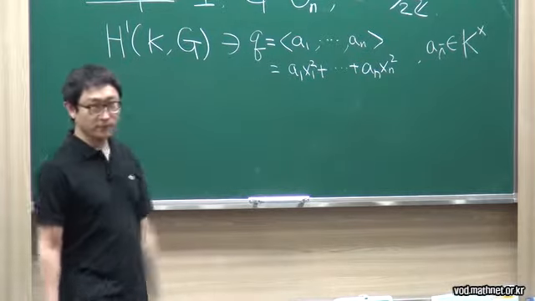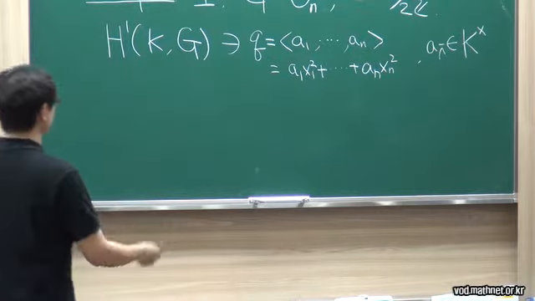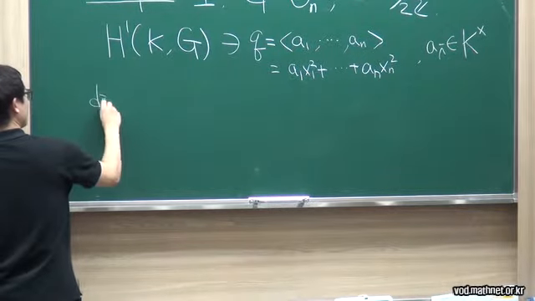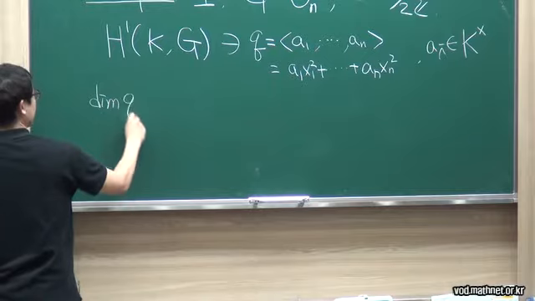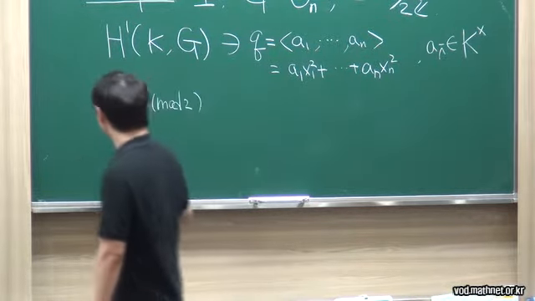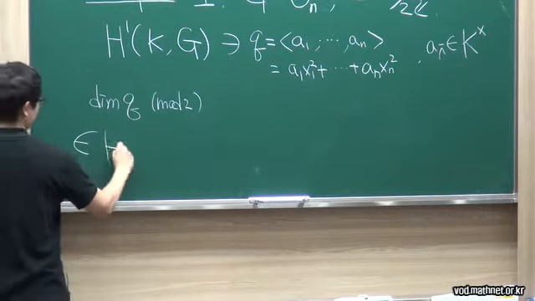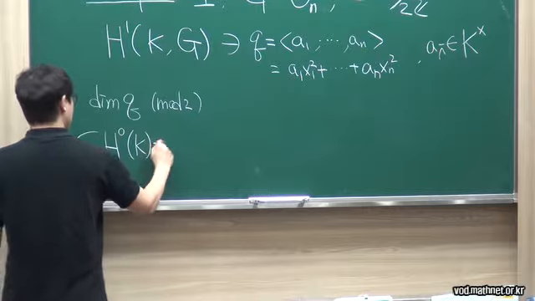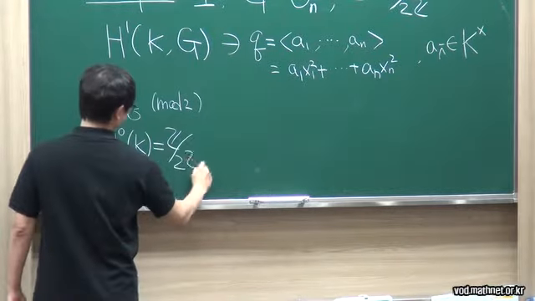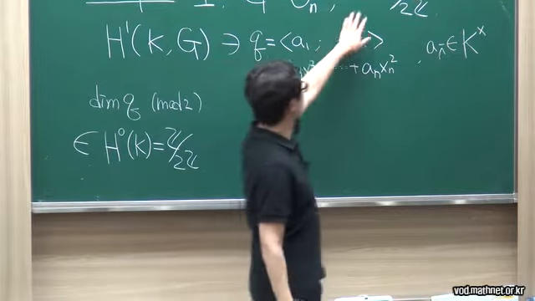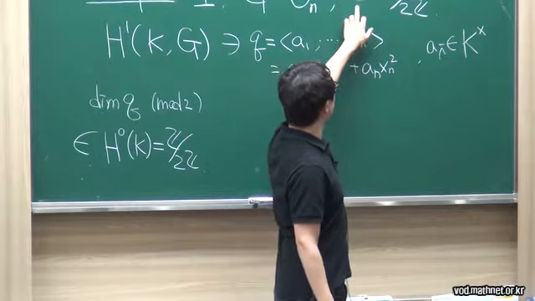For non-degenerate quadratic forms, there are many well-known invariants. First of all, we know the dimension of the quadratic form modulo 2, and this is in degree 0 invariants, which is isomorphic to Z/2Z. So here the Galois group acts on C trivially.